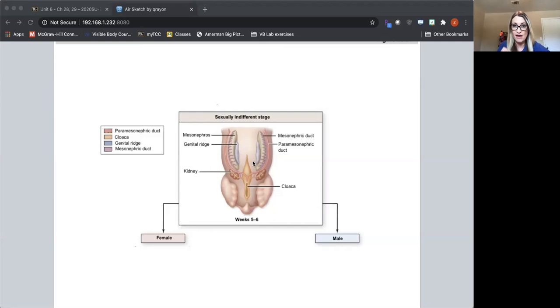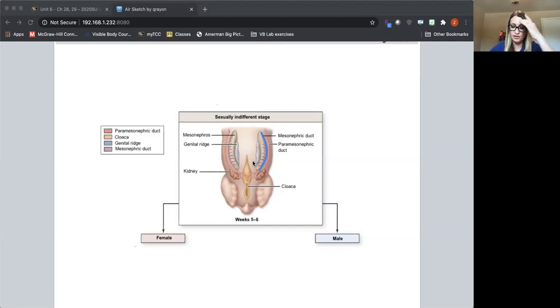So if you have Y chromosome, it will stimulate formation or development of the mesonephric duct. Okay, that's, well, it's that green stuff. Well, really the purple stuff. So this will be stimulated to continue maturing.